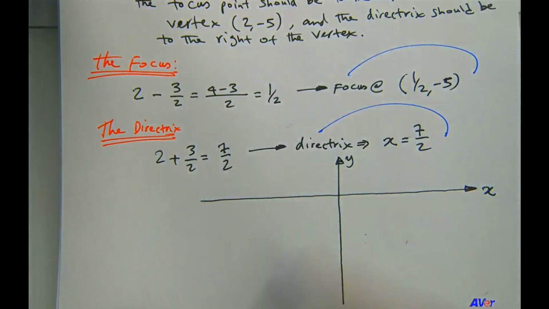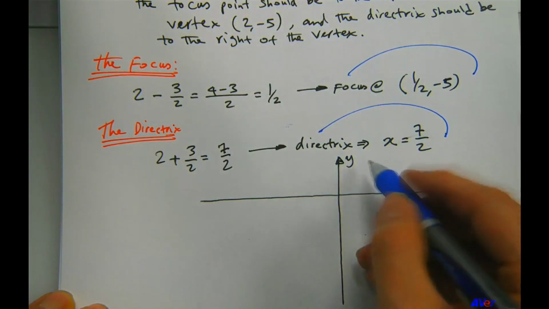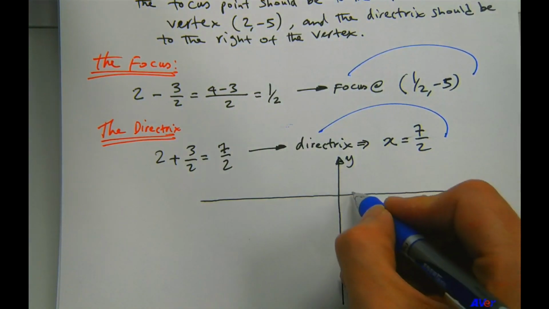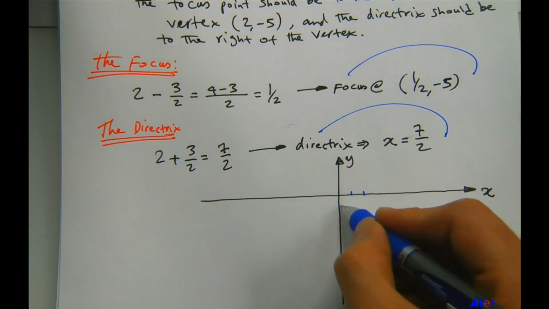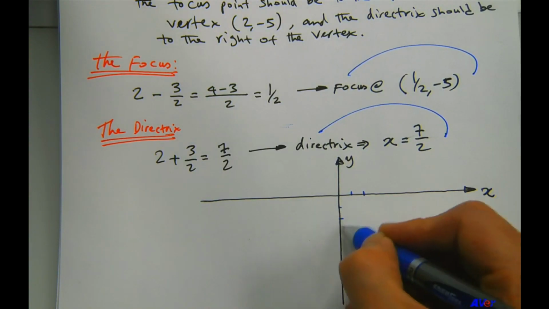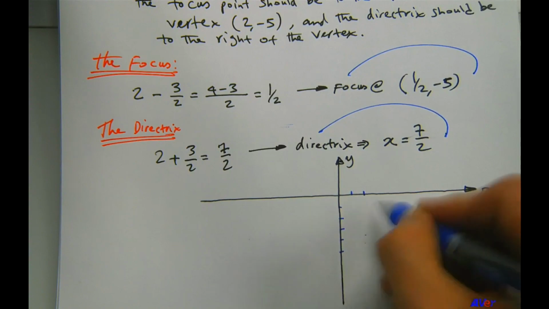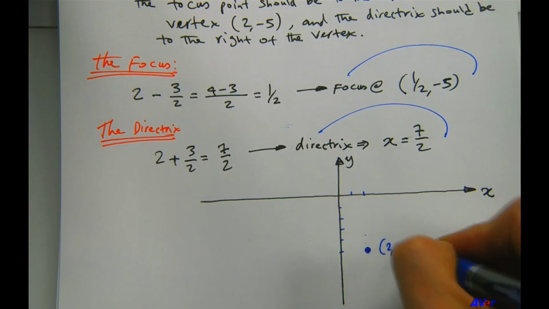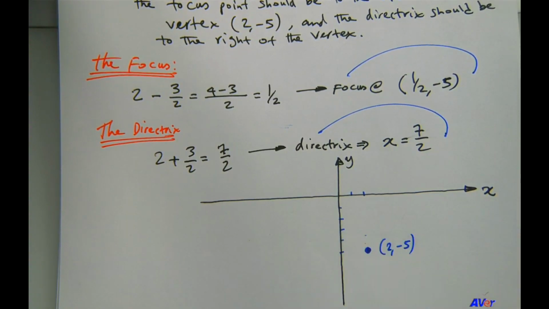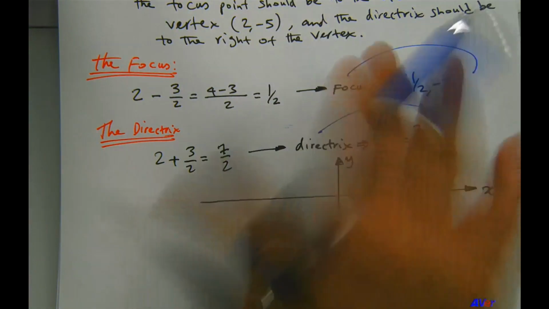So the vertex is at 2 comma -5. So 1, 2, 1, 2, 3, 4, 5. So 2 comma -5 is right there. That's the vertex.